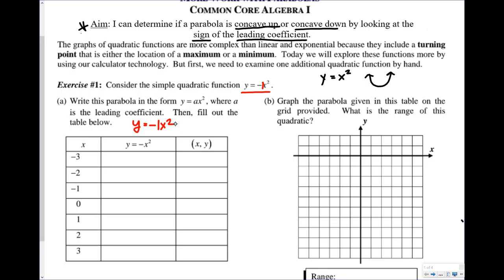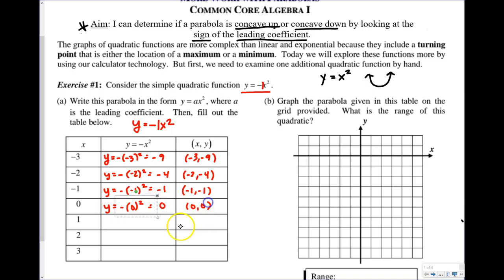So when I fill out this table, I'm going to have y equals negative 3 squared, which gives me negative 9. So my point would be negative 3, negative 9. The next one, y equals negative 2 squared, so I have negative 4. So negative 2, negative 4. We're going to continue plugging in these x values and simplifying and getting our points. Negative 0 squared is just 0. You can't have a negative 0, so this point is just 0, 0.